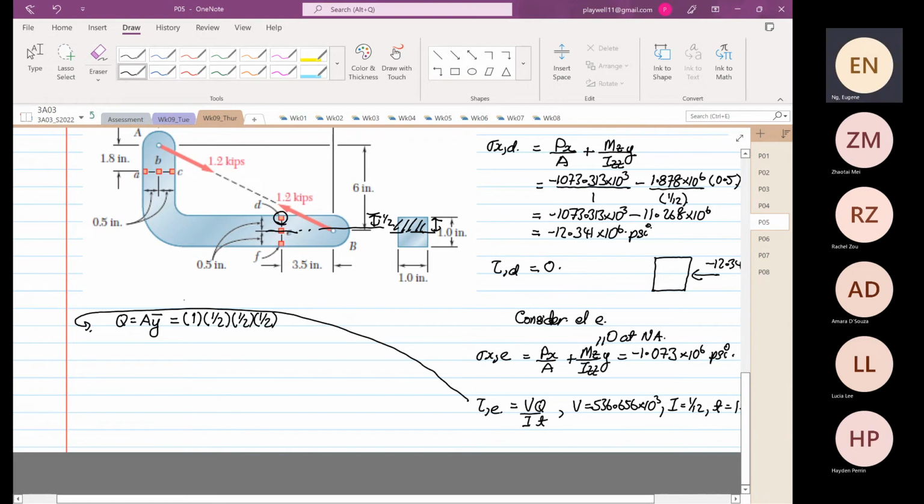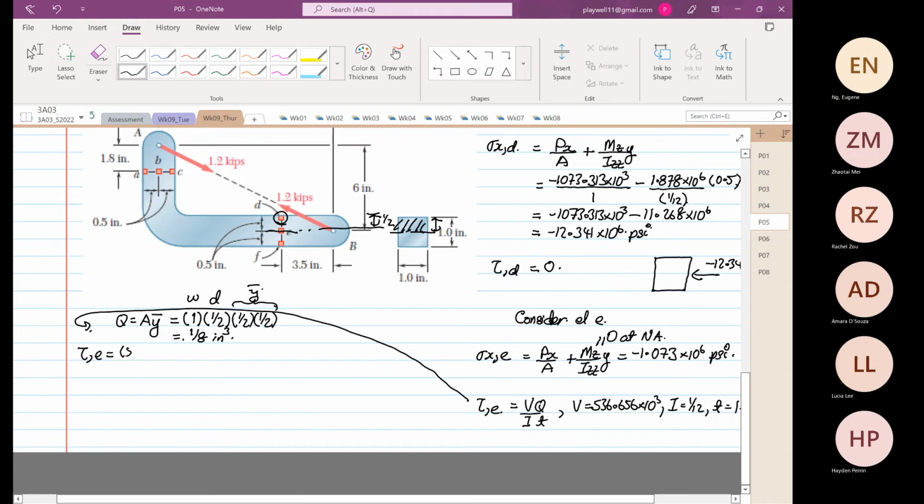So this is our width, depth, y bar. This is equal to 1 over 8 inches cubed.